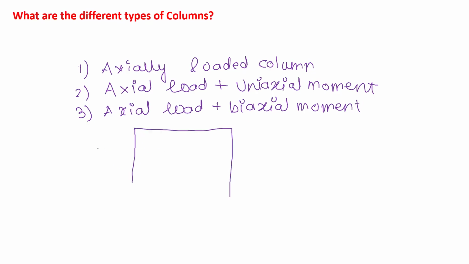When you are explaining these types, you can draw a plan, and by this plan, you can explain these types of columns. In this plan, the column with beams on all sides with approximately the same load becomes your first type, axially loaded column.